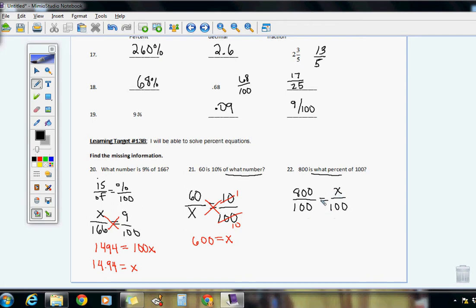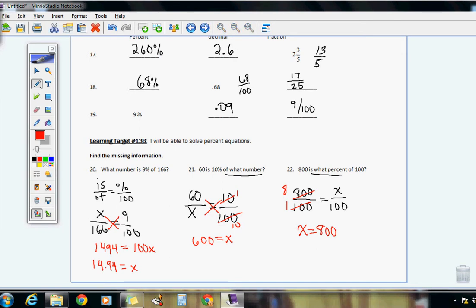So x is just going to be equal to 800. If you aren't able to recognize that, hopefully you can simplify. 800 over 100 is just 8 over 1. So when you cross multiply here, you'll get x equals 8 times 100, or 800. A couple ways to think about that, but you get to the same spot either way.